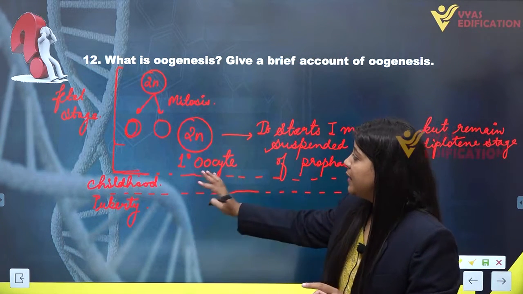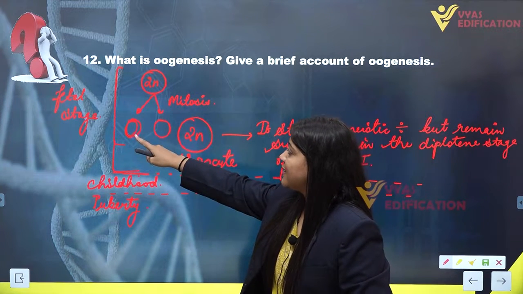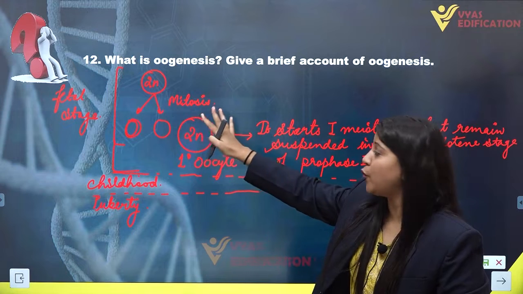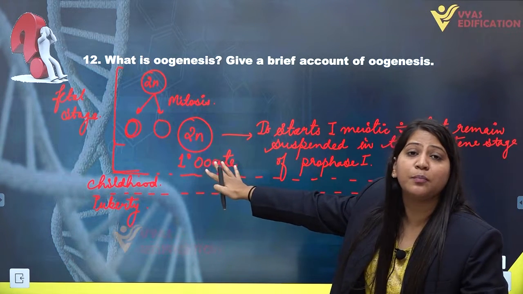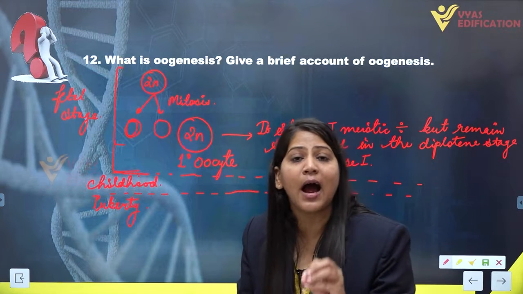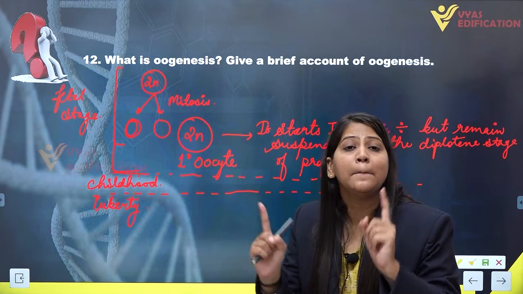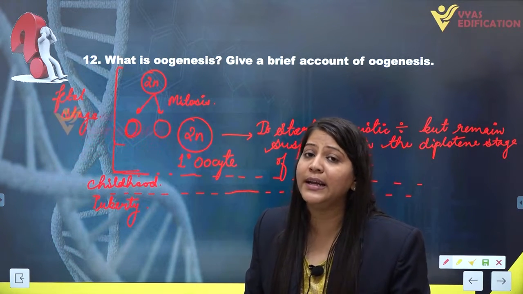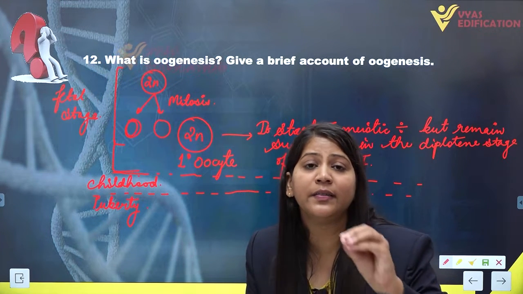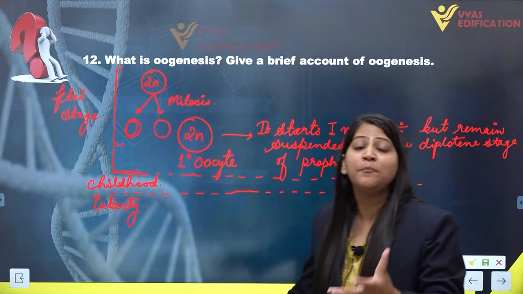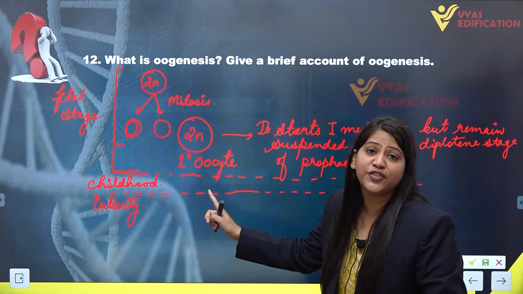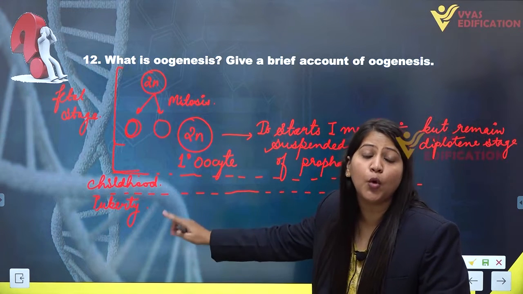The fetal stage has oogonia cells which undergo mitotic division to form primary oocytes. The primary oocytes, in the fetal stage only, start the first meiotic division but are not capable of completing it, hence they remain suspended in the diplotene stage of prophase 1 and will complete the first meiotic division when the female child hits puberty.